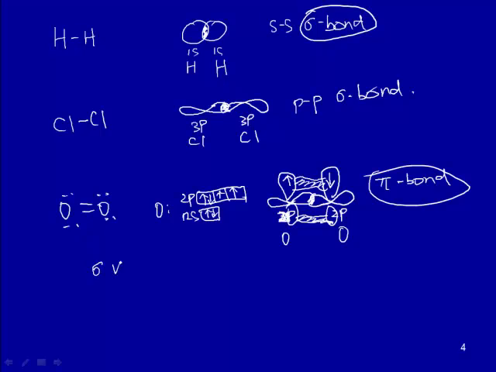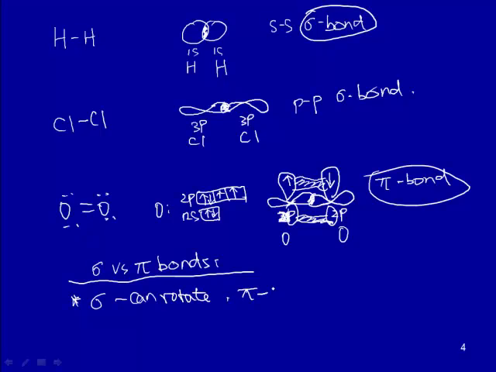So, sigma versus pi bond. A sigma bond can rotate, while a pi bond can't. The reason is very simple.